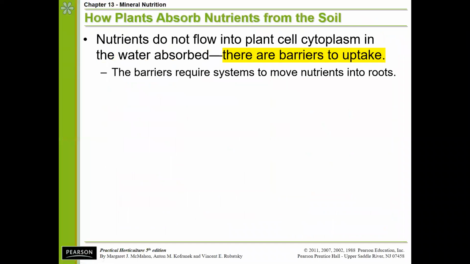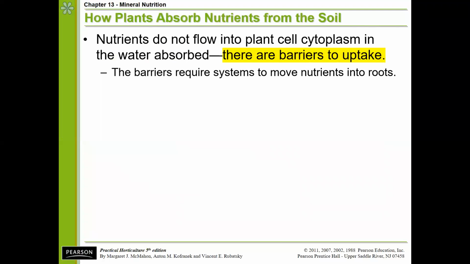All right, so it's a little bit counterintuitive. It's not exactly what you would expect. We know that nutrients are able to enter water in the soil solution in their ionic form. However, they do not flow directly into the plant with that water that is absorbed, as you might expect.